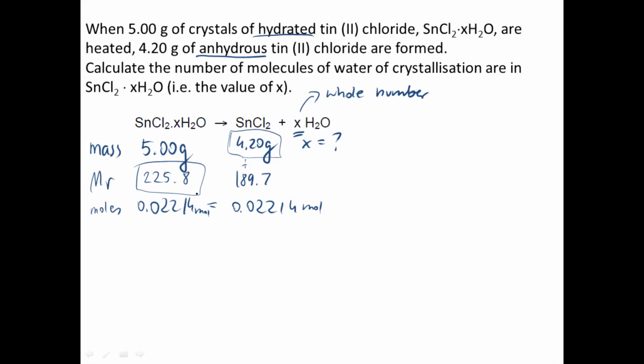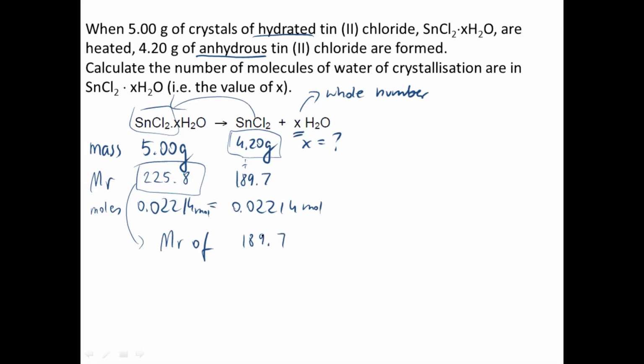Right? So you've got your Mr. So what now? What do we do now? Okay, if I have 1 mole of this, the Mr of SnCl2 you have is 189.7.